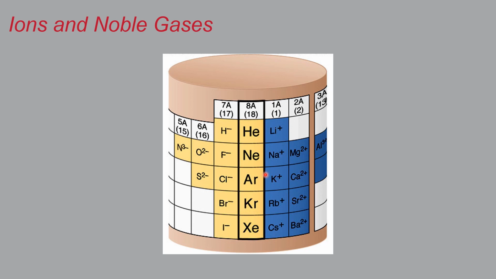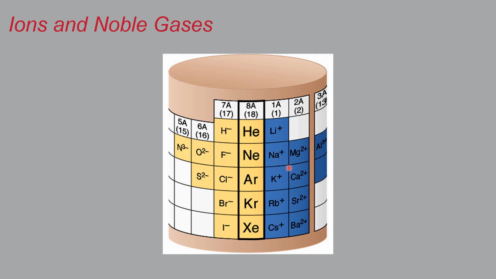So if it wants to get one of those magic numbers of electrons, it can either lose 1 to become neon, or pick up 7 to become argon. And losing 1 is a lot easier to pull off than gaining 7. So this is why when sodium forms an ion, it is always +1.